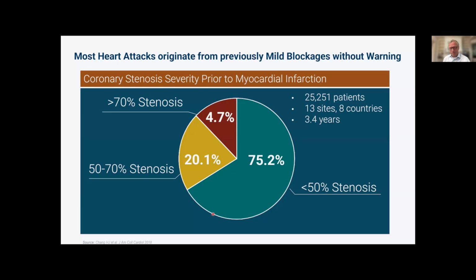So again, a pointer that stenosis does not equal risk for MI, but that the risks are in the plaque, in the plaque composition, and in the hemodynamics, as Mike, Peter and James described.